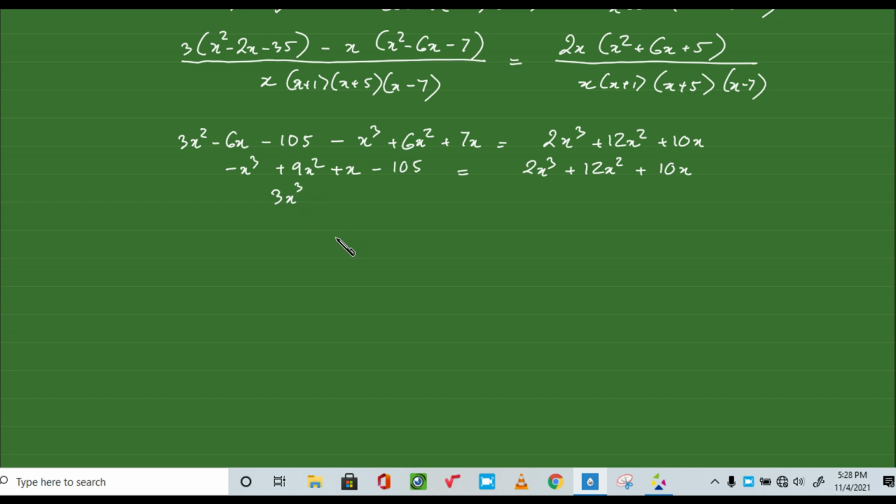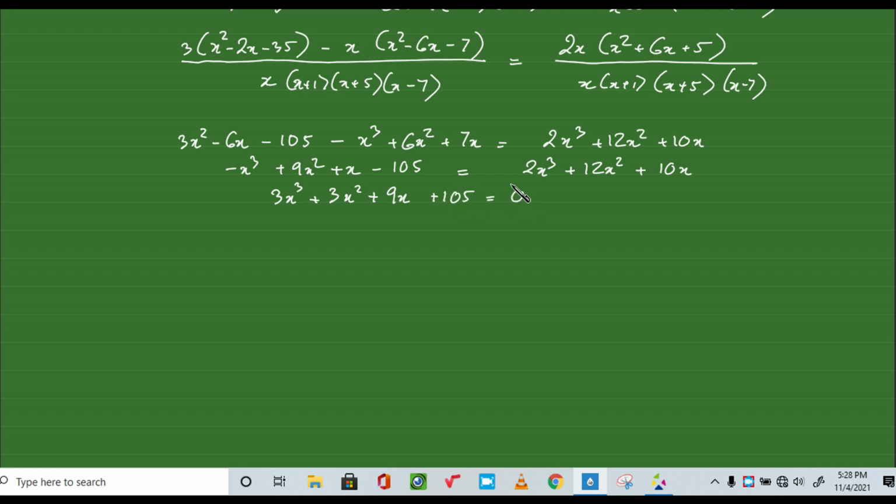Right. You have 3x squared. Okay. Plus 9x minus 1 plus 105 equals 0.